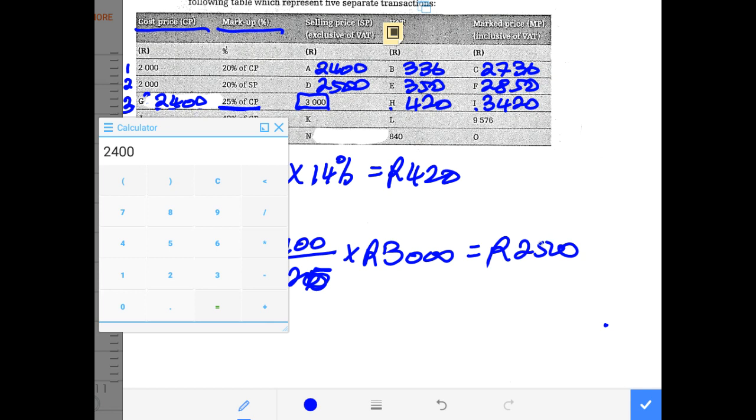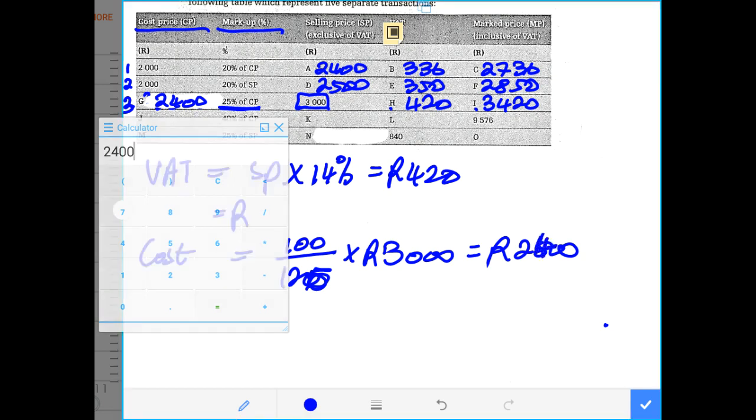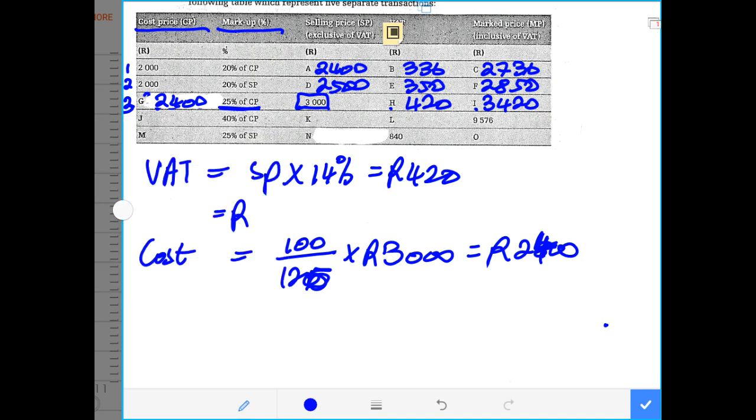Yes, that will be 2,400 rands of the cost price, because we just eliminated the markup percentage of 125%. So now that will be the third transaction, or the third general entry.